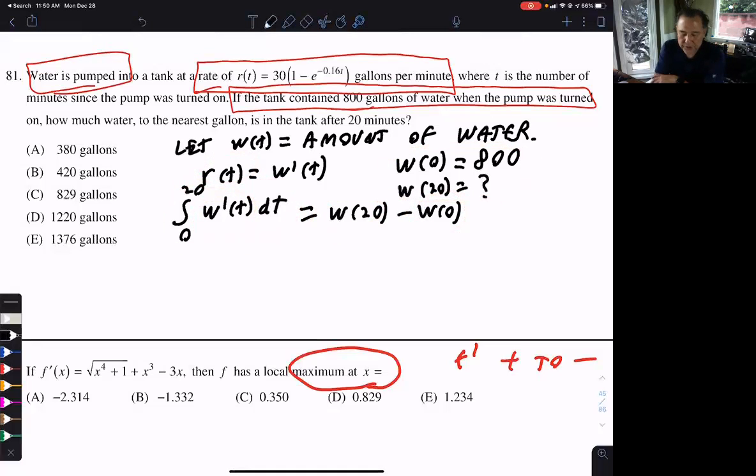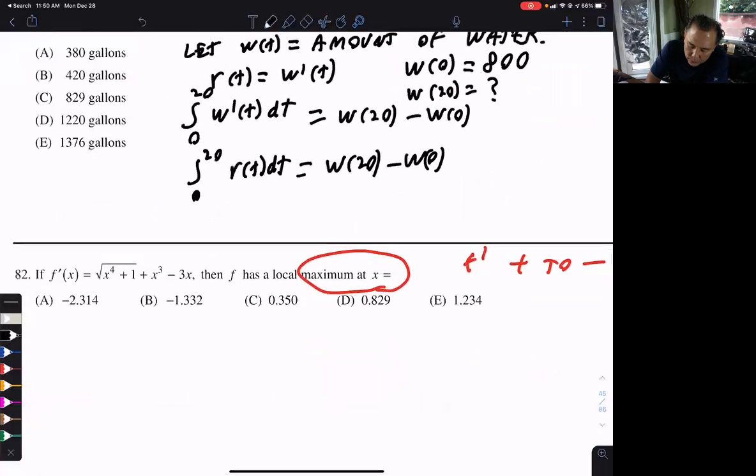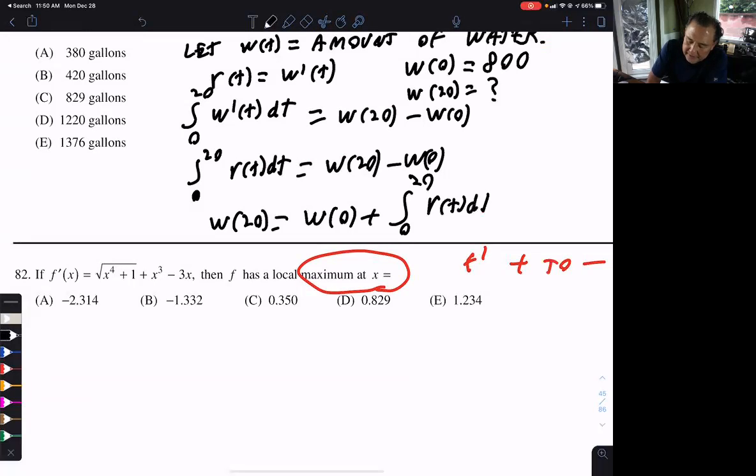So in other words, the integral from 0 to 20 of R of t dt is W of 20 minus W of 0. Now, doing a little bit of algebra, we conclude W of 20 is W of 0 plus the integral from 0 to 20 of R of t dt.